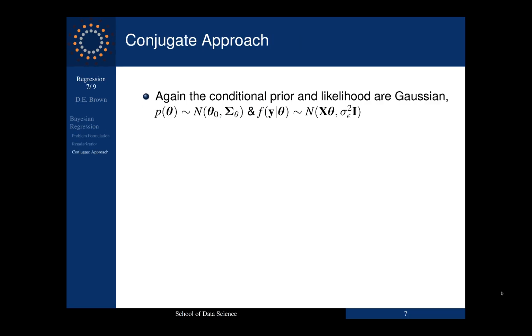So we can find the posterior distribution by continuing with our conjugate approach. What we're doing here is rewriting what we assumed about the prior and the likelihood, that they're both Gaussian.